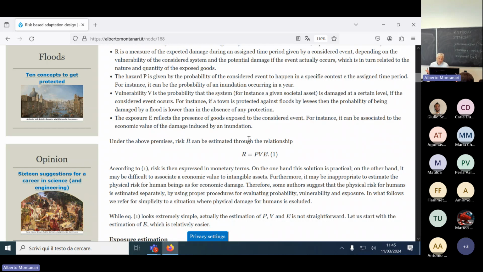But still, there is the feeling that it's very unlikely that we get another flood like in 1966, and so there is no action. So basically, we understood how a risk can be assessed, and we will discuss now how to estimate the single terms in the future. Any question?